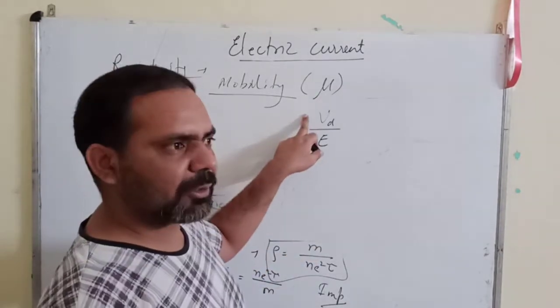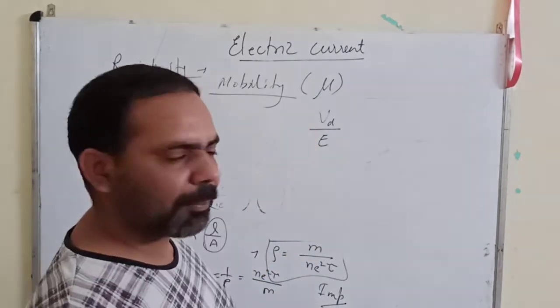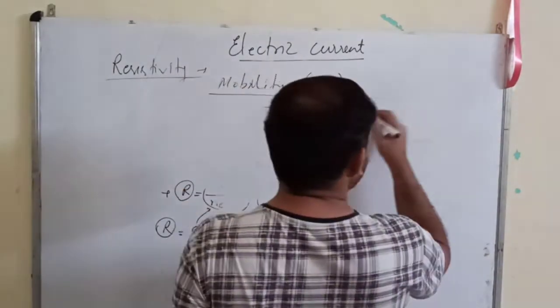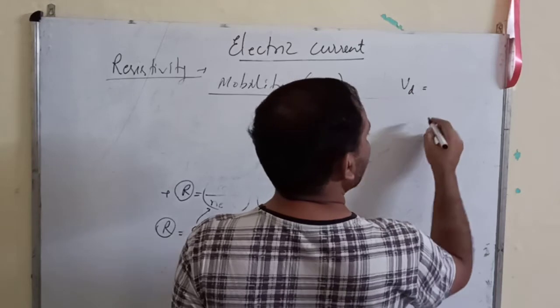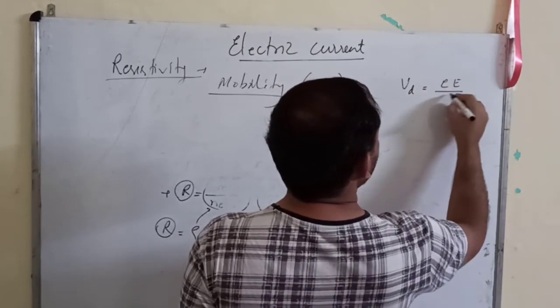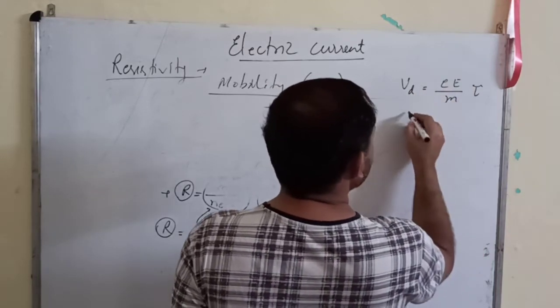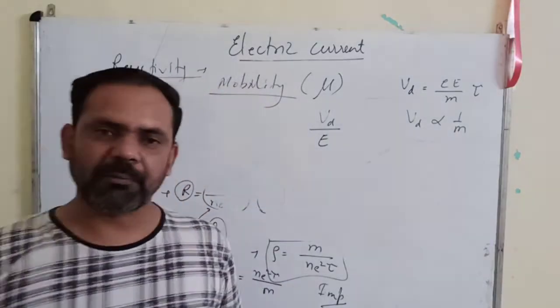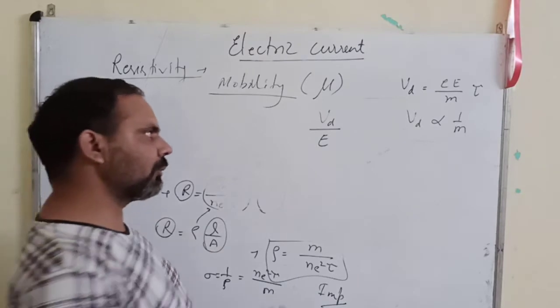How much drift velocity a charge will acquire per unit applied electric field. Now, what is the expression for Vd? Vd is equal to E upon m into tau. So what is the relation between Vd and m? The drift velocity is inversely proportional to mass.